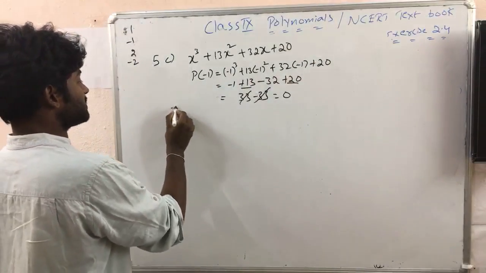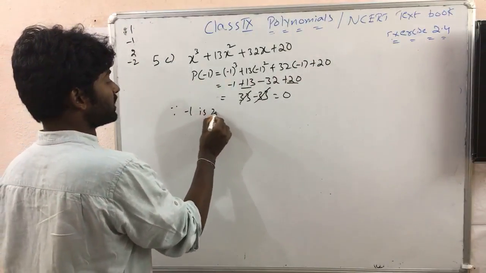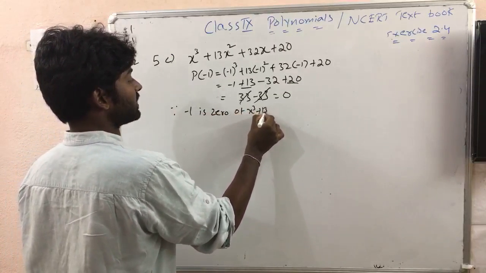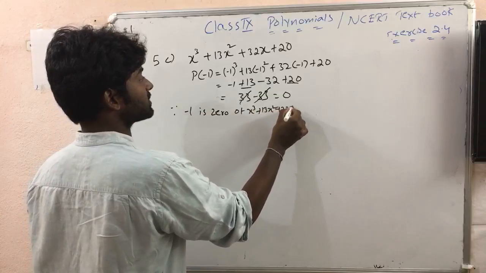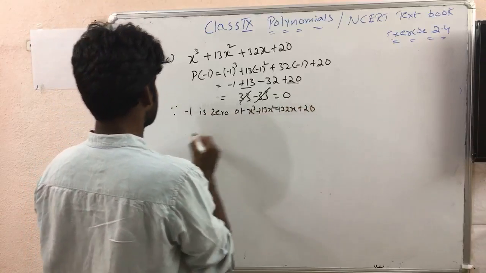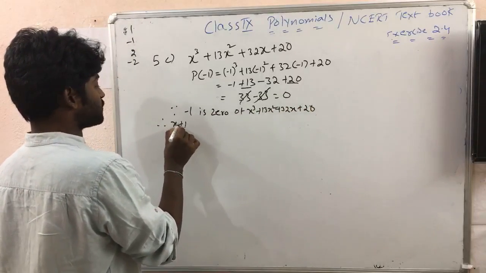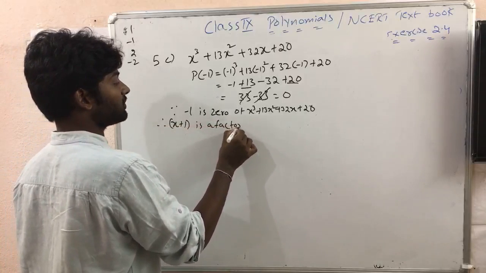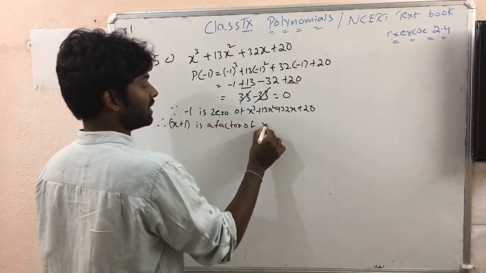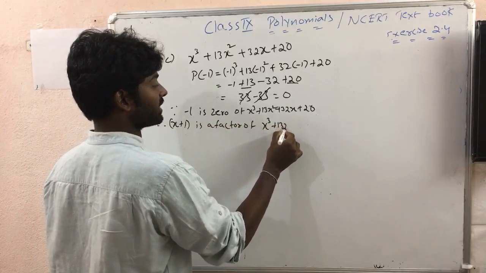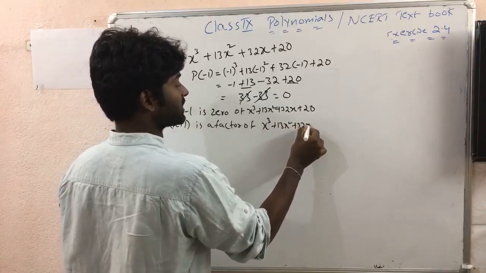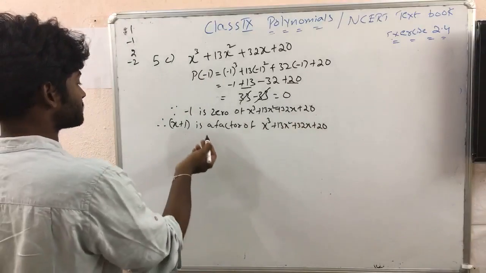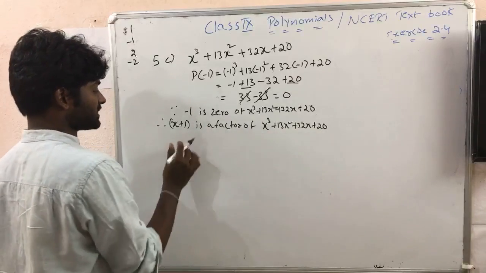Therefore, since minus 1 is a zero of x cube plus 13x square plus 32x plus 20, x plus 1 is a factor of x cube plus 13x square plus 32x plus 20. Now divide this with x plus 1.